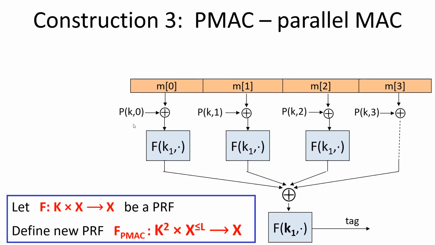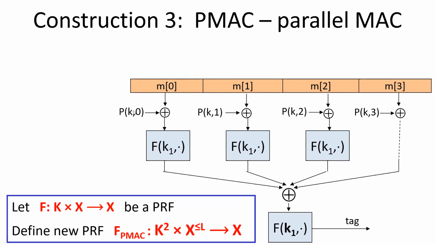There are 2 block ciphers, F and P. P actually, yes, let's think of P as a block cipher as well. So I use P in a counter mode to derive, let's say the message size is N, so I have N blocks.